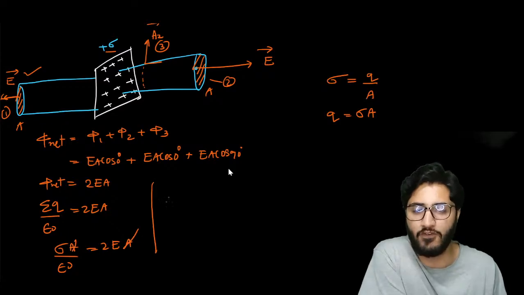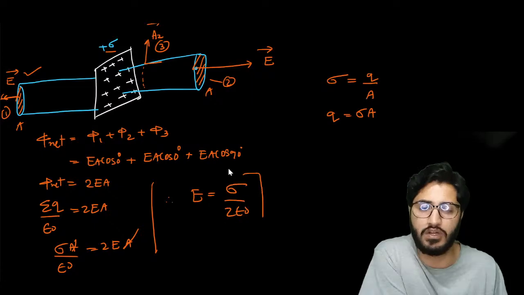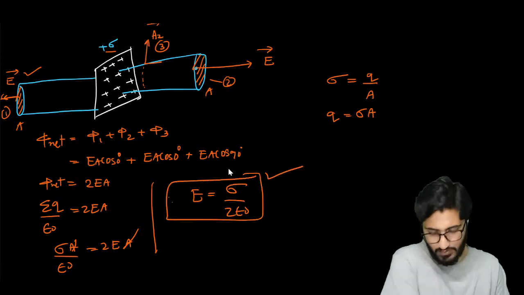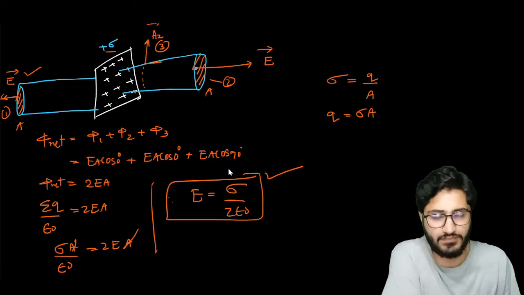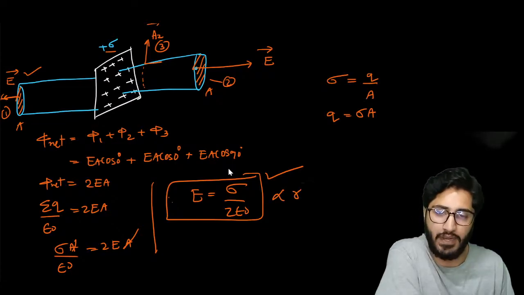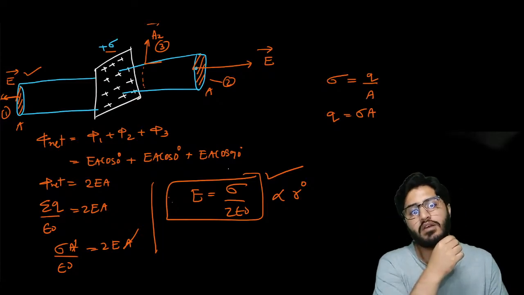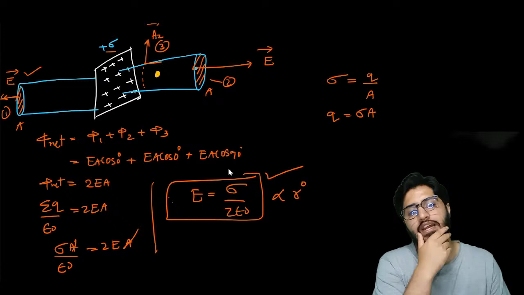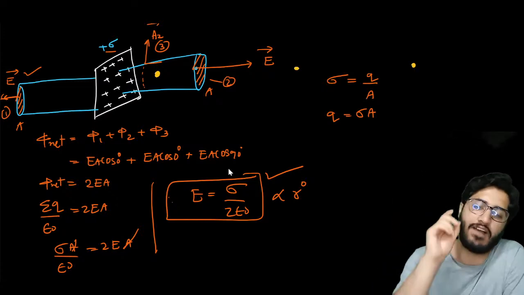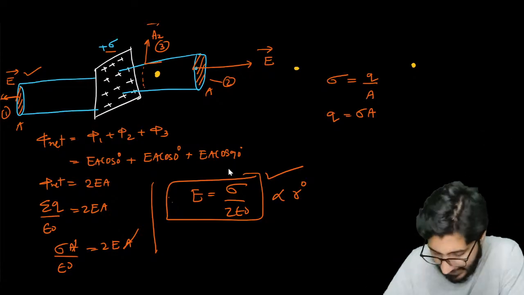Therefore, my electric field is equal to sigma divided by 2 epsilon naught. This is my answer, and you can see it is independent of this length. That means if you are calculating the electric field here or here or here, everywhere the electric field value will be sigma by 2 epsilon naught.